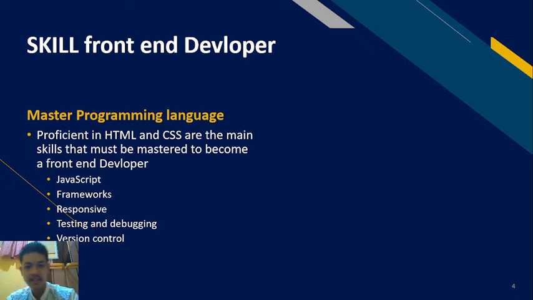Version control. Version control is the process of recording and controlling changes to the source code so that if something goes wrong, you don't have to start all over again.